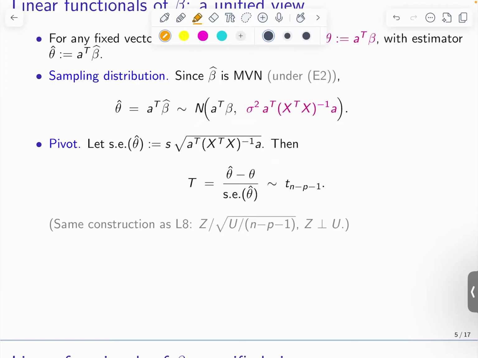Z is defined as theta hat minus theta divided by the standard deviation of theta hat, and U is n minus p minus 1 times s squared divided by sigma squared. That has a chi-square distribution with that degrees of freedom because it's just the norm of e squared. And Z and U are independent. It's exactly the same argument.